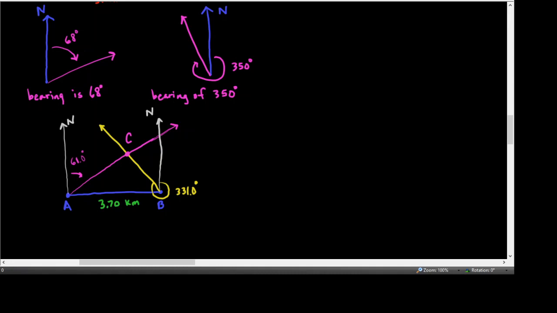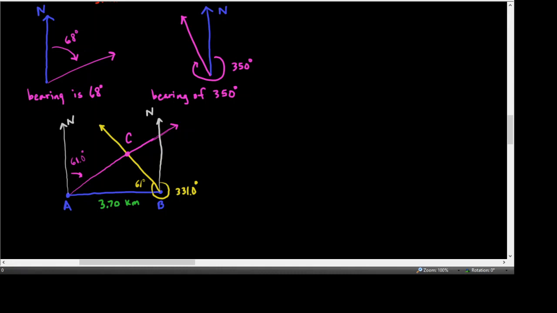One of the things I said as I was graphing that was I got to 270 when I got to the blue line here, the east-west line, and I said, how much further do I have to go? And I figured 61 degrees. That's something I said at the time, and that's kind of important that we get that right. And that was actually a pretty bad pun, sorry. You'll see why in a second.